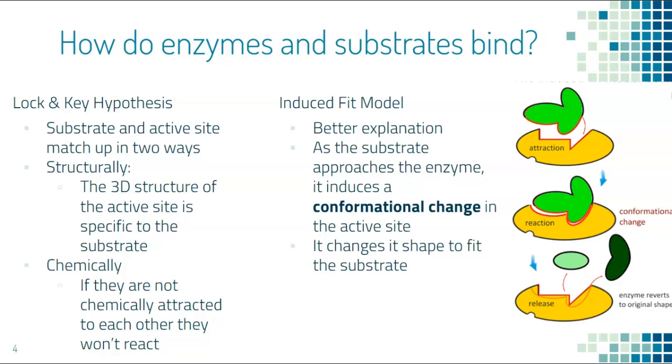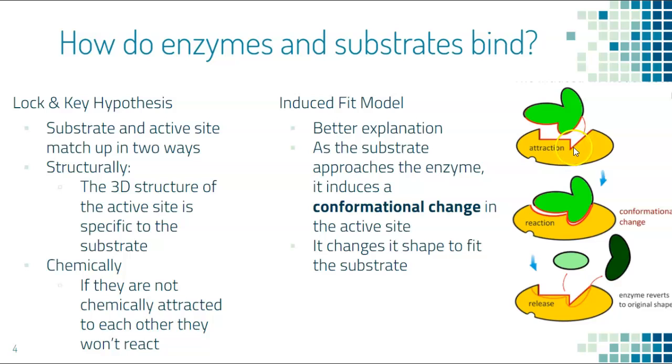That was that hypothesis. But a better explanation is the induced fit model. The induced fit model says that as the substrate approaches the enzyme, it induces a conformational change in the active site. So it changes its shape to fit the substrate. You can see here that this is a very rigid arrow shape.